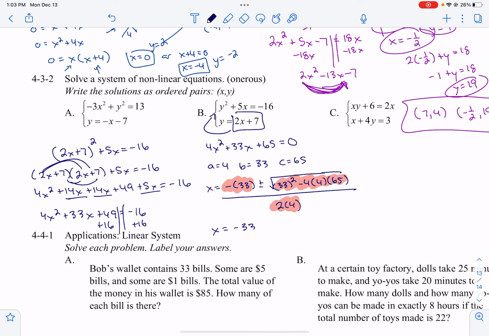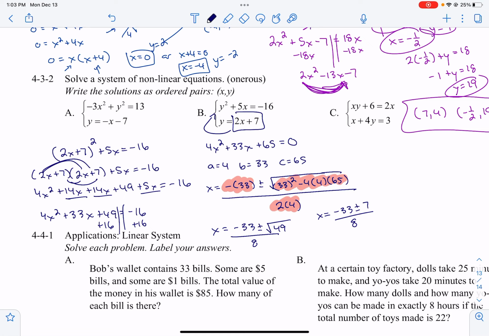That's just negative 33, plus or minus the square root of 33 squared minus 4 times 4 times 65, which becomes 49. Well, that was nice. All divided by 2 times 4, which is 8. Well, that worked out well because the square root of 49 is 7. So x equals negative 33 plus or minus 7 divided by 8.